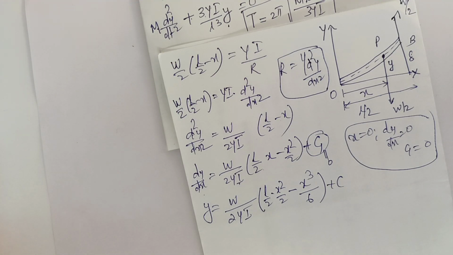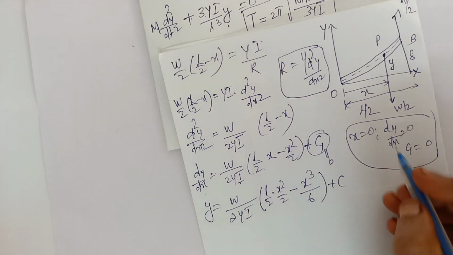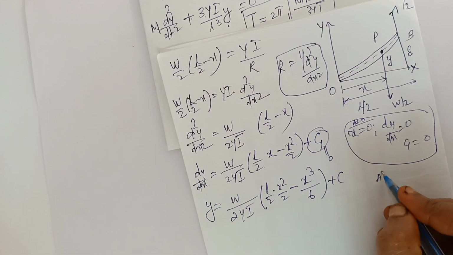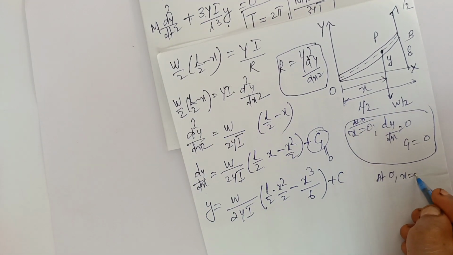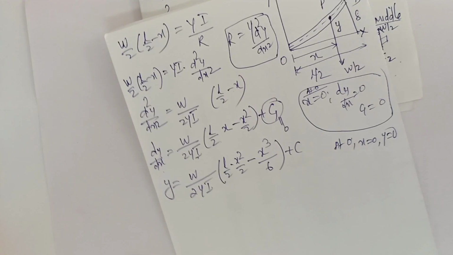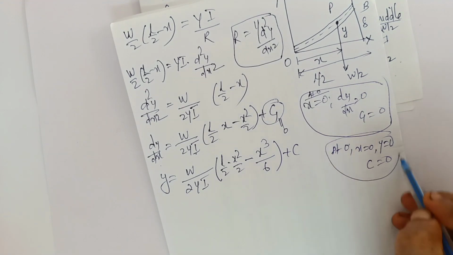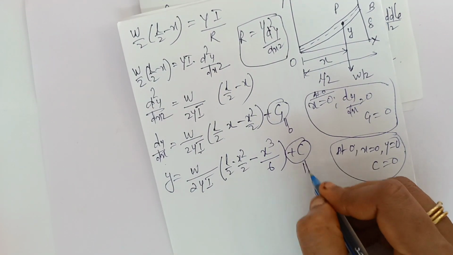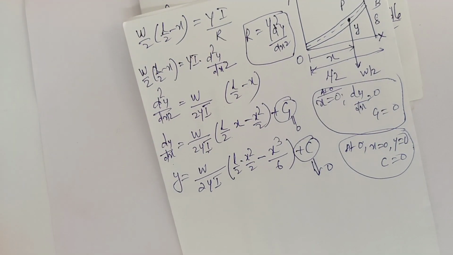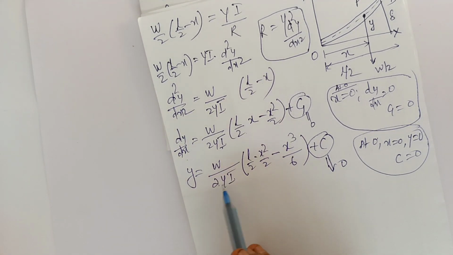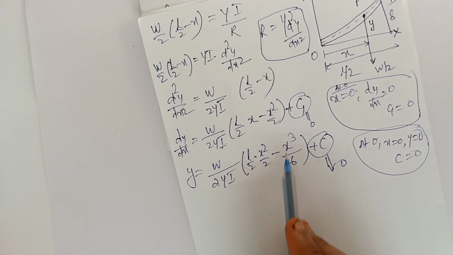Again we put x at O, x is equal to 0 and y is equal to 0. So C will become equal to 0.